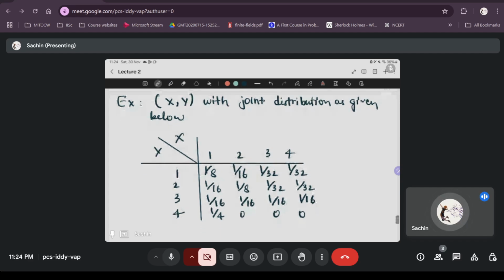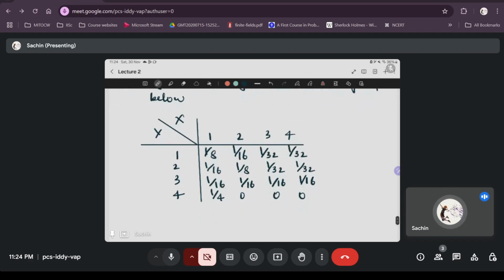From that, you can find the marginal distribution. So the marginal distribution over x is the sum of columns.